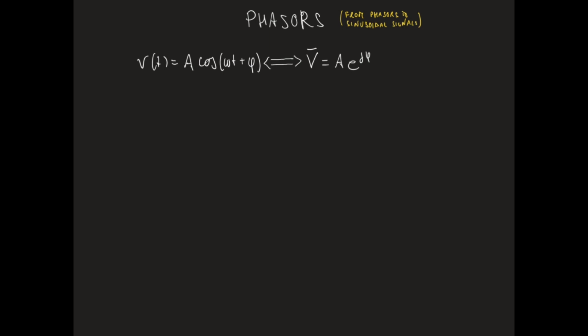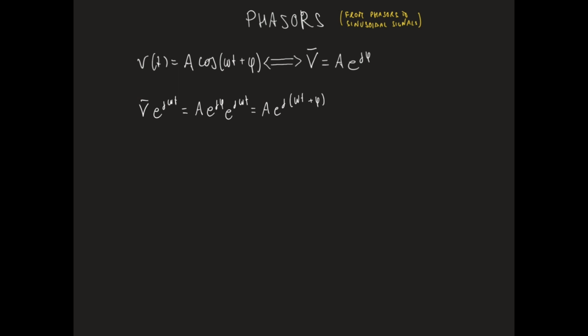Let's now multiply V bar by e to the j omega t, therefore recovering the dependence of the signal on the angular frequency. We get V bar times e to the j omega t is equal to A times e to the j phi times e to the j omega t, which is equal to A times e to the j times omega t plus phi.